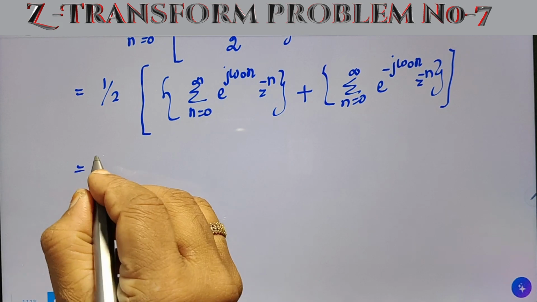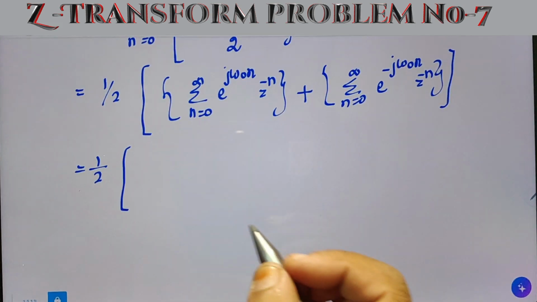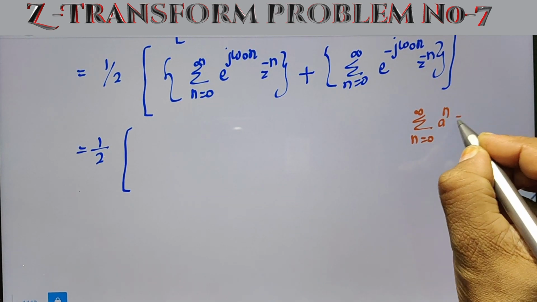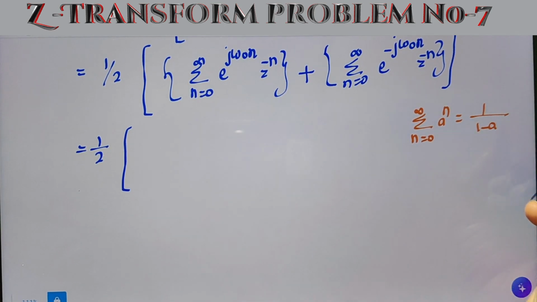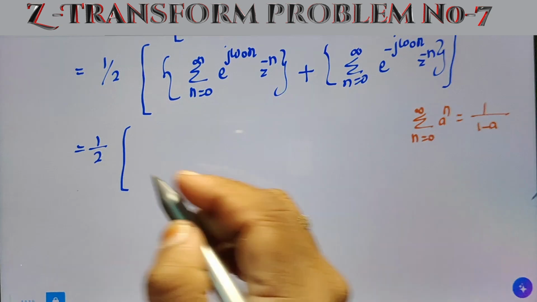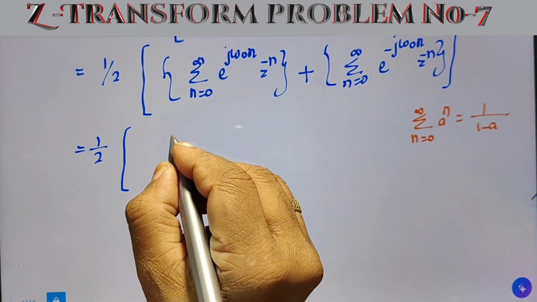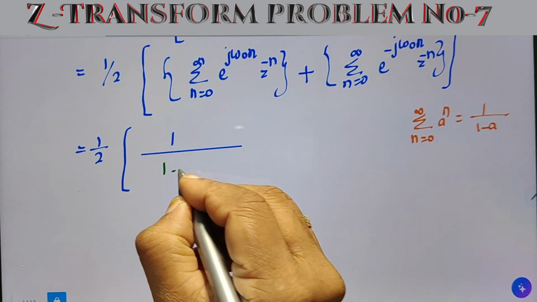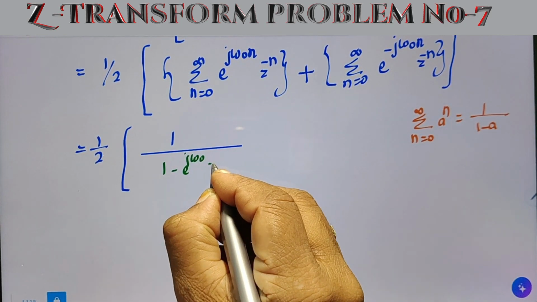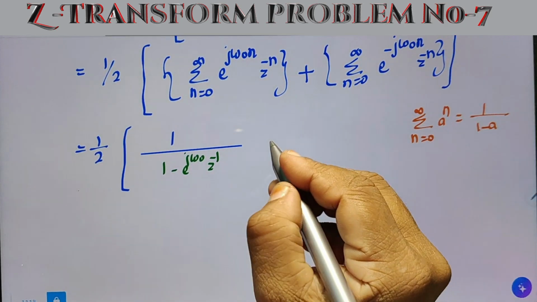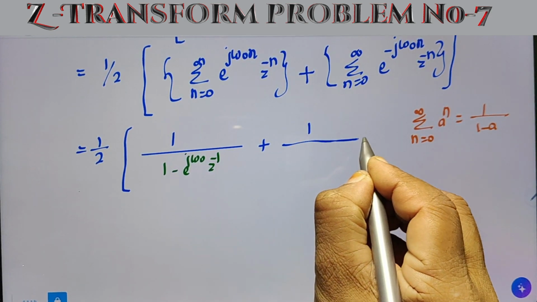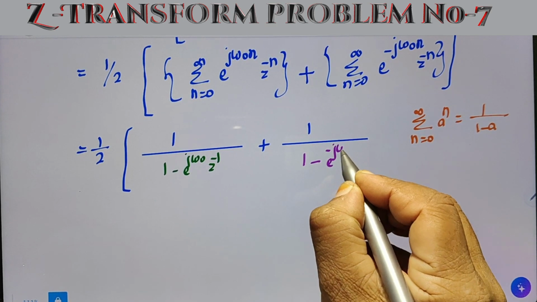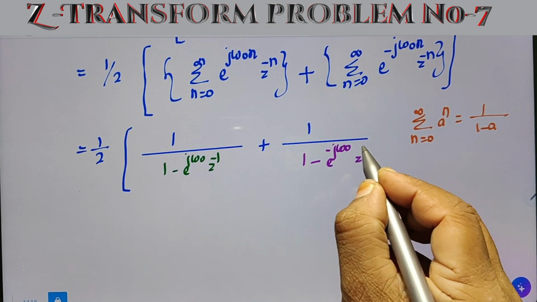For the next line, 1 by 2 bracket. We know the formula: summation n equal to 0 to infinity a power n equal to 1 by 1 minus a. Here also apply the formula: 1 divided by 1 minus e power j omega naught into z power minus 1. Next plus, likewise write 1 divided by 1 minus e power minus j omega naught into z power minus 1.